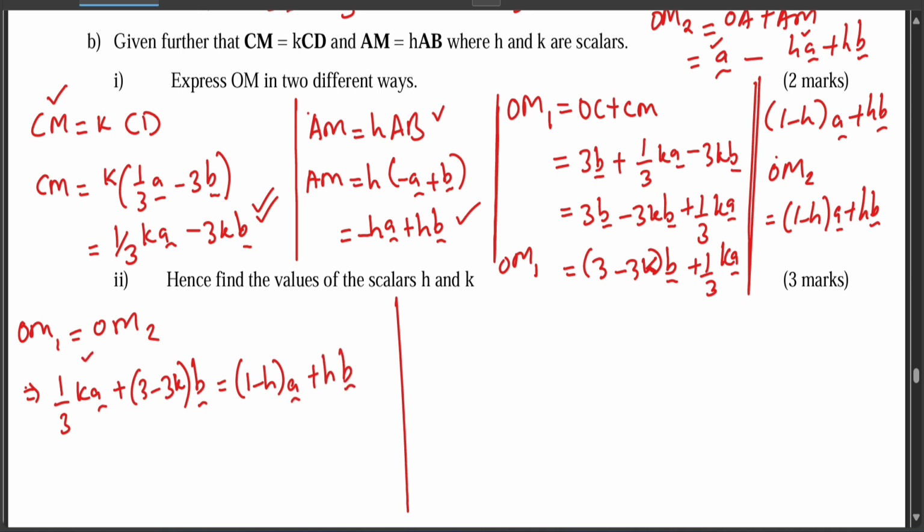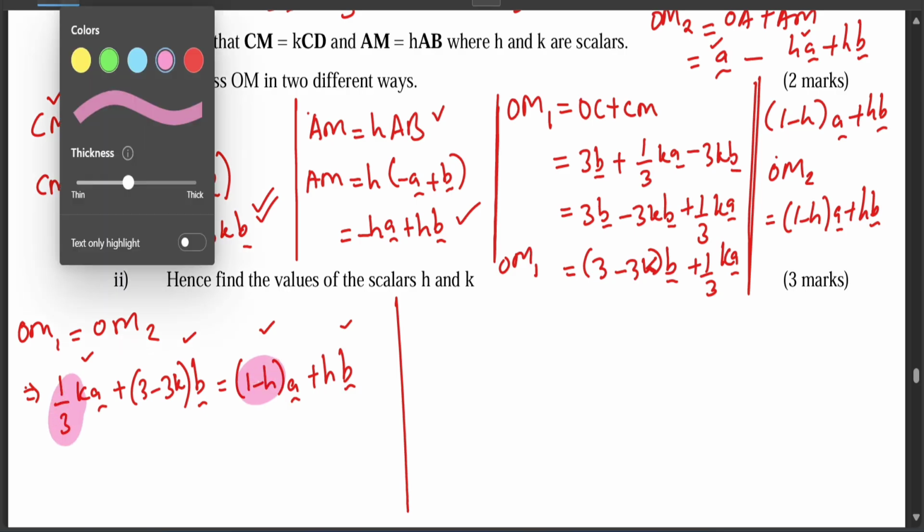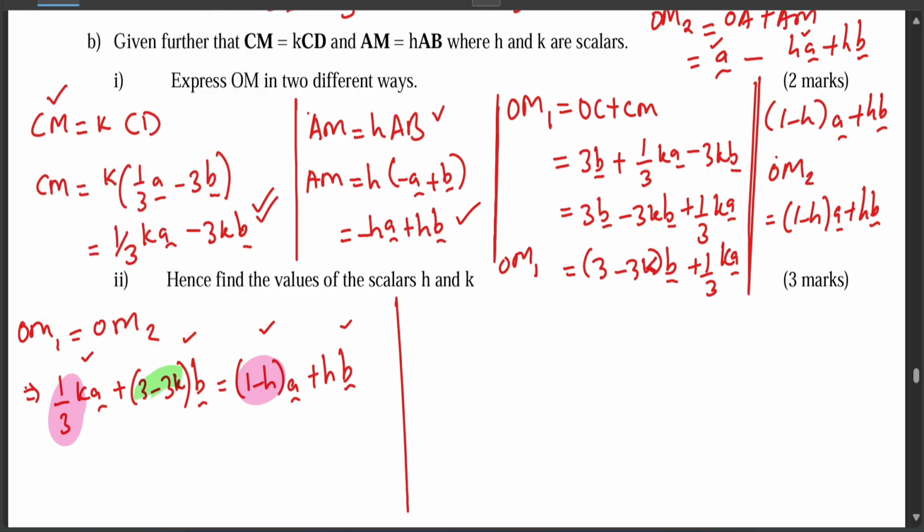Hii ndo A, hii ndo ya A, na hii ndo ya B. So now coefficients za hizo vector should be equal to each other. So coefficient ya A ambayo ni hii yafaa iwe same na hiyo coefficient ya hii hapa. Sawa, na coefficient ya B ambayo ni hii hapa yafaa iwe equal to this one. So the coefficients are always the same if they belong to the same vectors.